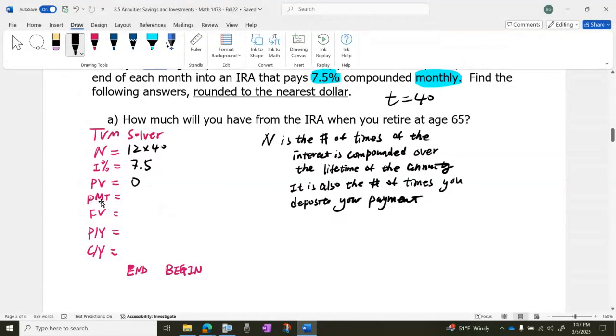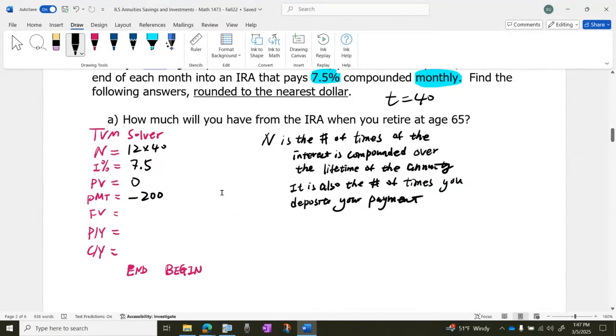We did not use this entry in the previous section, right? PMT is how much money you deposit, right? You deposit 200. Since the $200 is leaving your pocket, I would say the payment is going to be negative 200. Negative 200. And if you know PV stands for present value, then you would know FV stands for the future value.